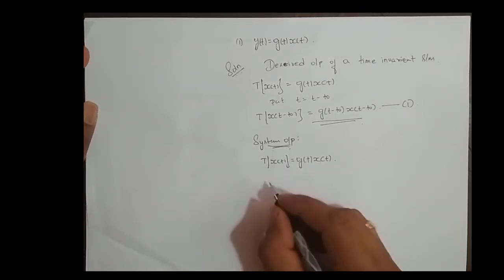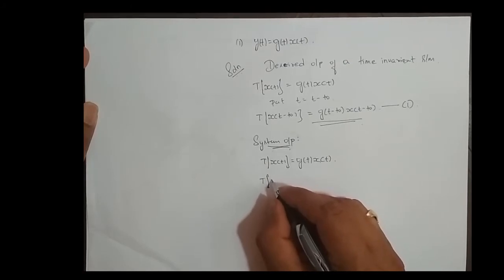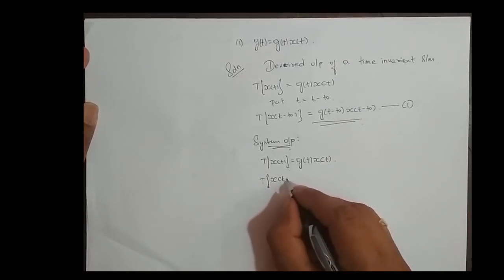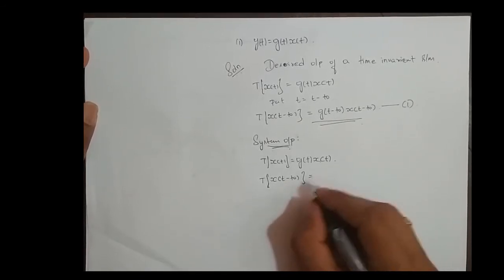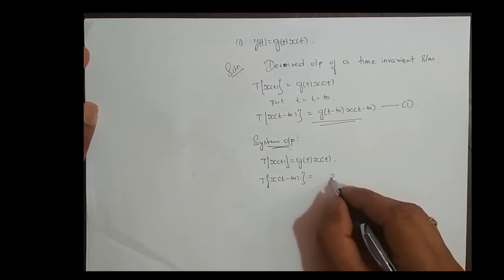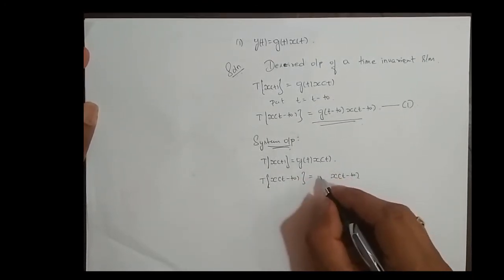Okay. Now what I do, instead of sending x of t, I'll send x of t shifted right t naught times, x of t minus t naught. It's a shifted version of x of t. Now what is the output of the system? For that signal x of t minus t naught, which I have sent, g of t gets multiplied.